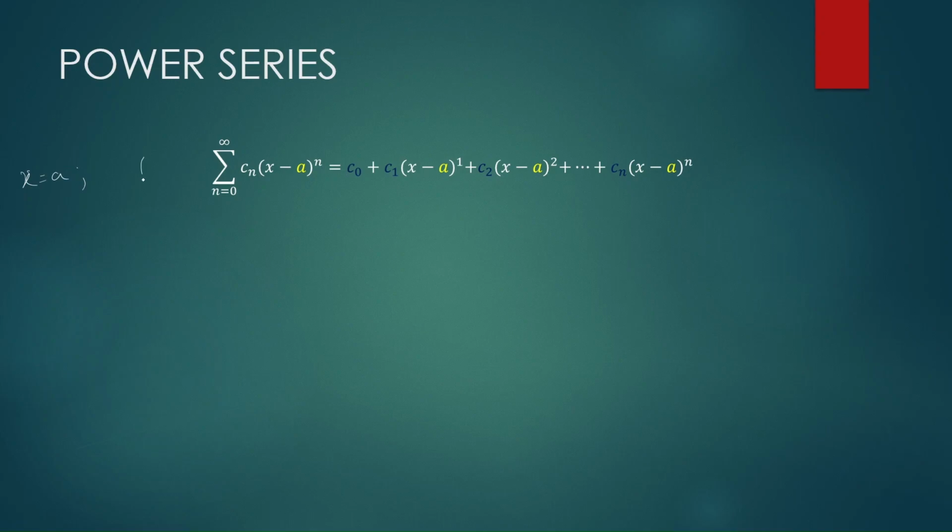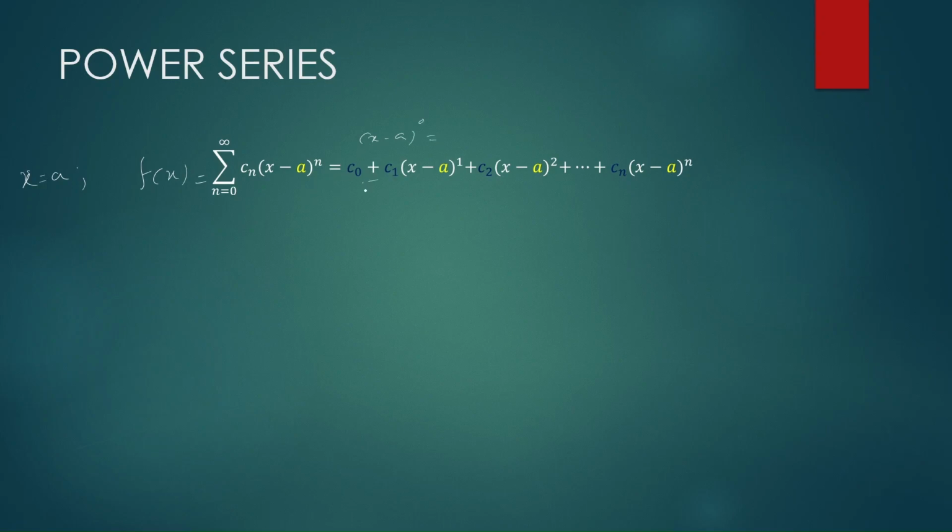This series is actually a function of x. The series is the summation of cn (x minus a) to the power n, which equals c0 plus c1 (x minus a) to the power 1 plus c2 (x minus a) squared plus, going on to cn (x minus a) to the power n. The first term also has (x minus a) to the power 0, which means 1.